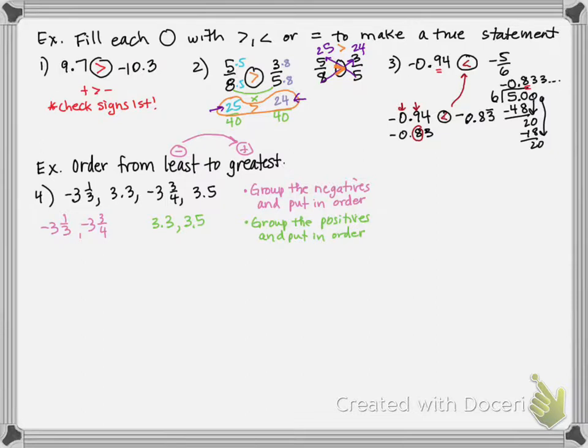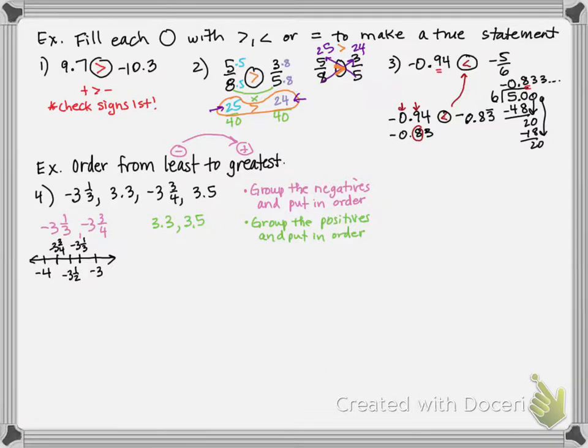Okay, so if I had to estimate, I'm going to draw a teeny number line here. So here's -3, here's -4. This would be about -3 1/2. -3 1/3 would be about here, and -3 3/4 would be about here.